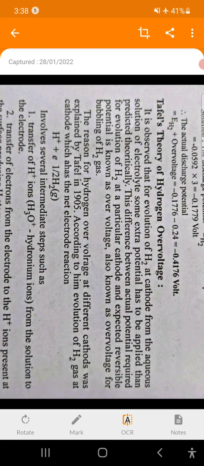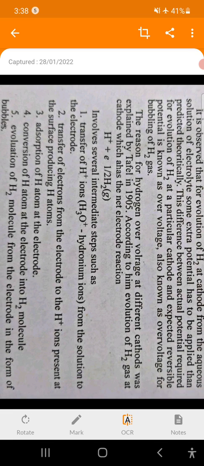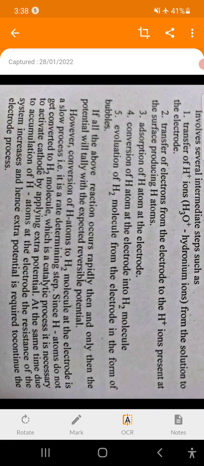The third step is that the H atoms generated combine with adjacent H atoms, and there is formation of an H2 molecule.